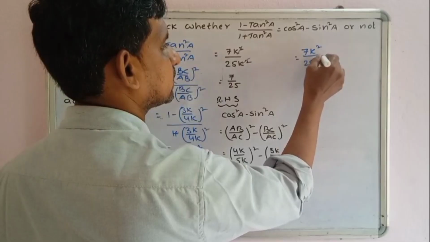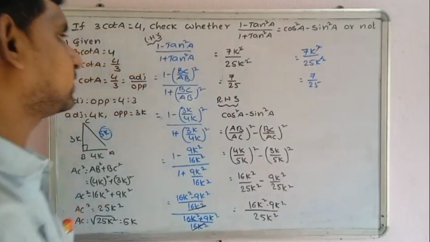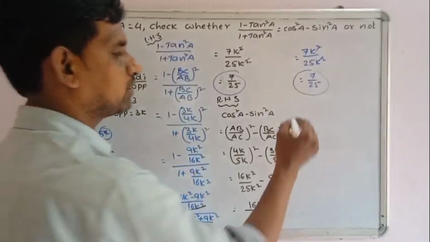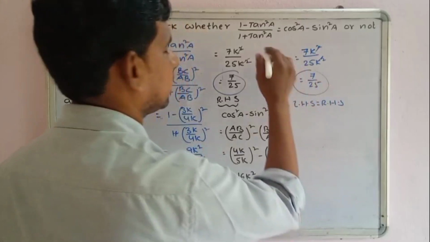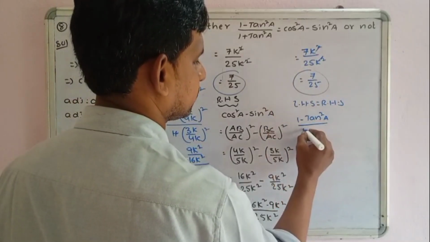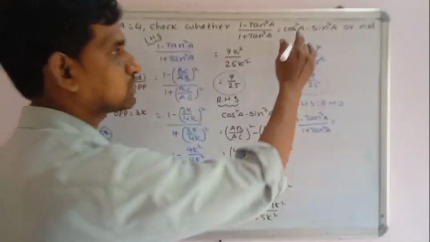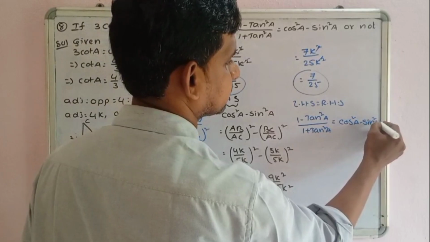So k square gets cancelled, 7 by 25. Okay, see the LHS part 7 by 25, RHS part 7 by 25. Therefore LHS equals RHS. LHS value (1 minus tan square A) by (1 plus tan square A) equals RHS value cos square A minus sin square A.